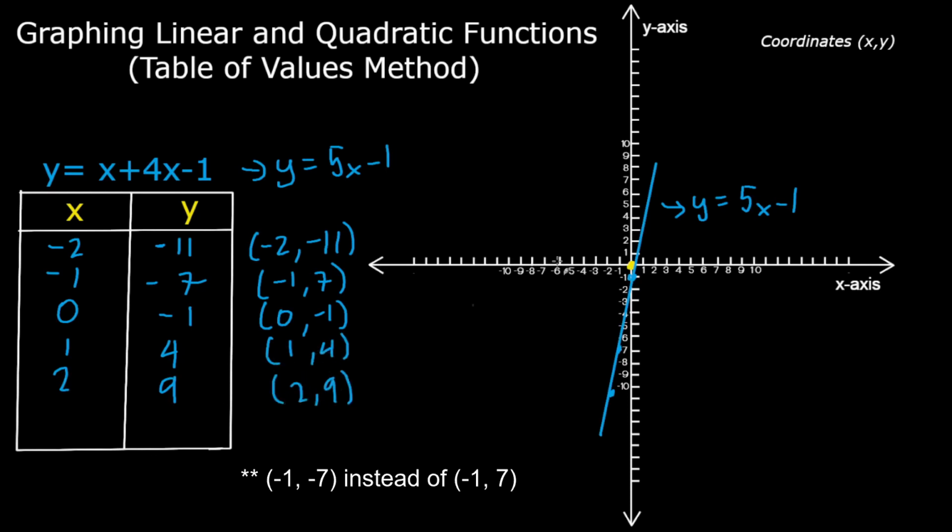So, ang 1 and 4, dito. Again, nasa line lang siya. So, tama. So, parang makikita na natin na tama yung nakuha nating plot ng function na to. Okay, so lastly, we have 2 and 9. So, dito. Okay, so kasali pa rin siya sa straight line na to.